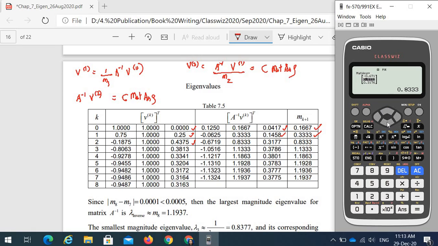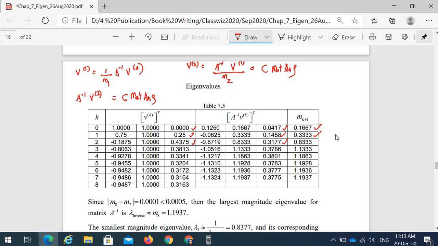This is the largest magnitude, 0.8333. You get the next eigenvector: take your max answer here, divide by 0.8333.